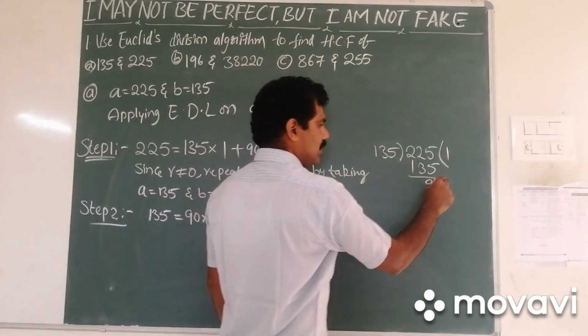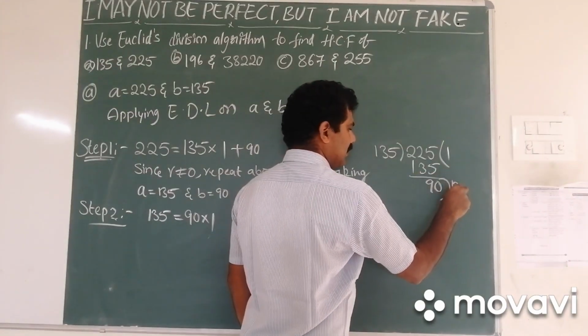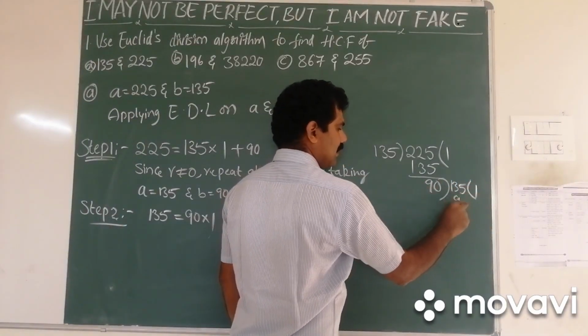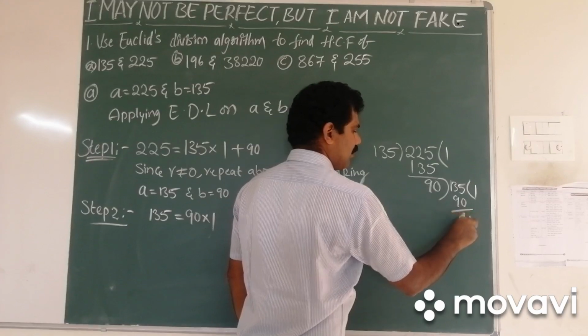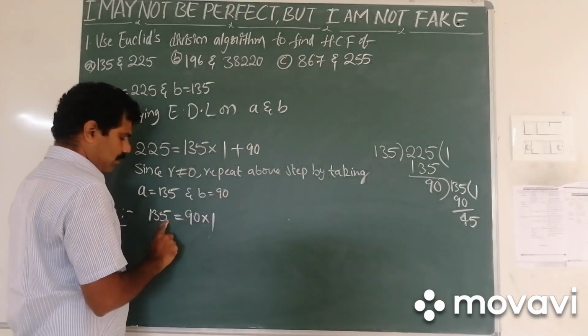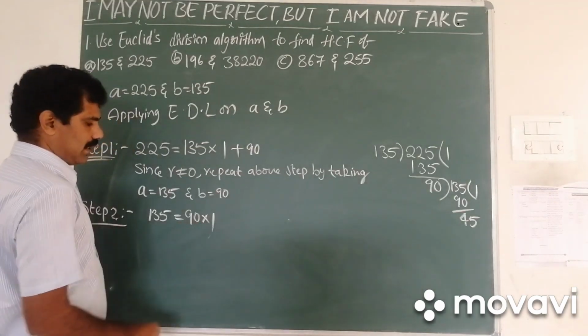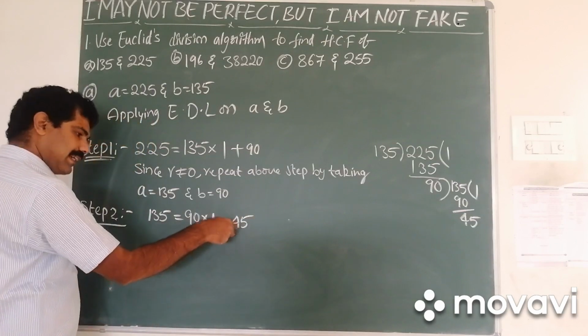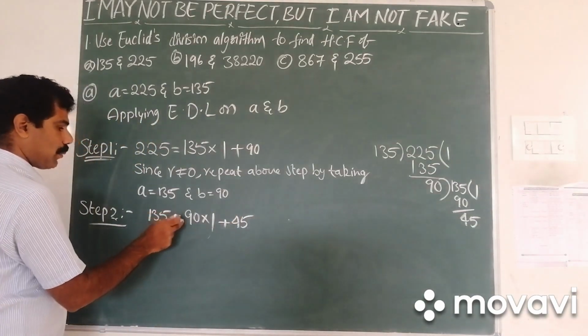Let us do the long division method here. 90 into 135: we can't go for 2 times, so 90, and the remainder is 45, which is not equal to 0 again. So we write 135 = 90 into 1 + 45. Here again the remainder is not equal to 0, so we have to repeat this step again.